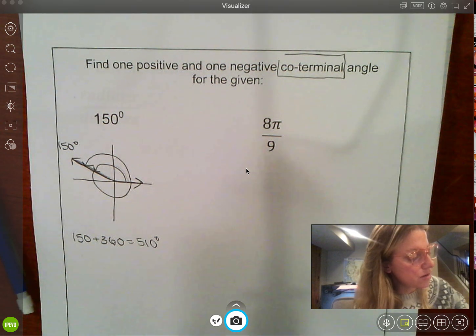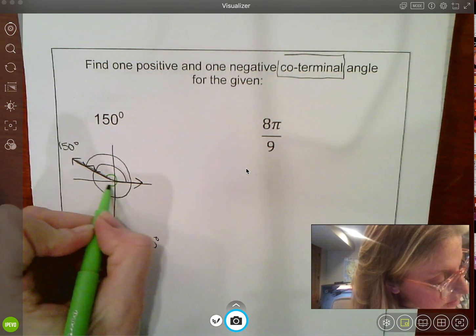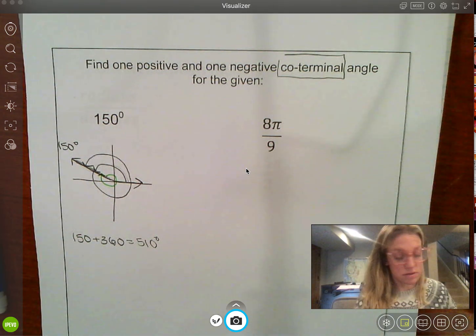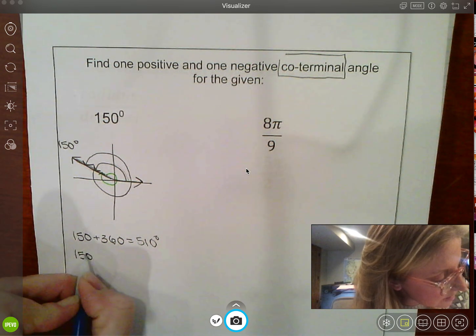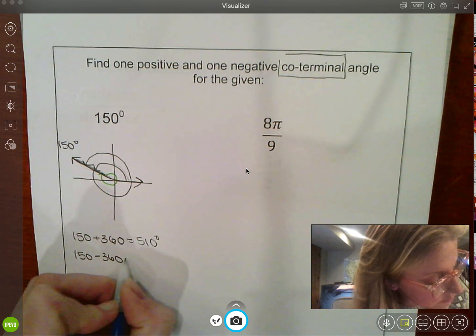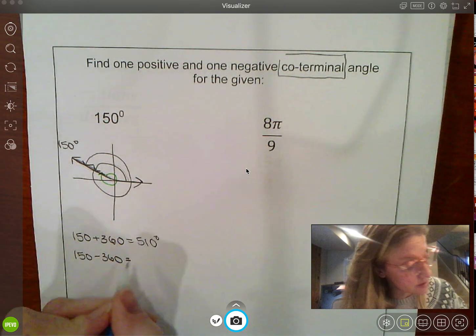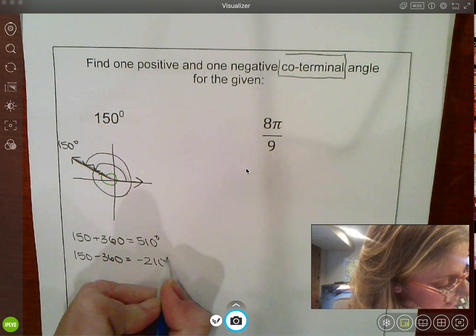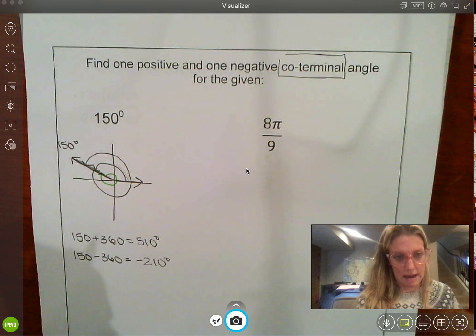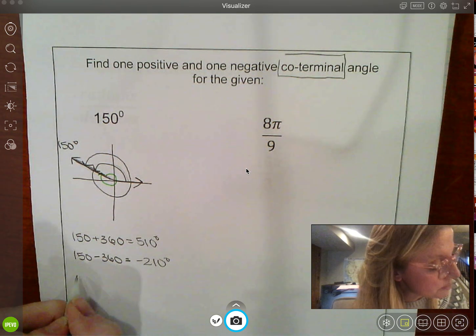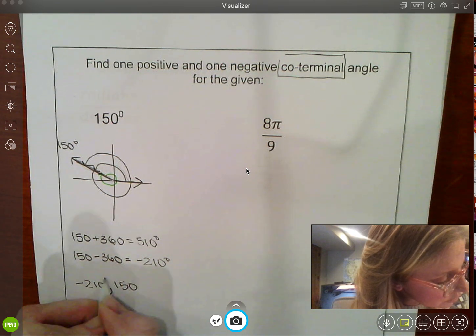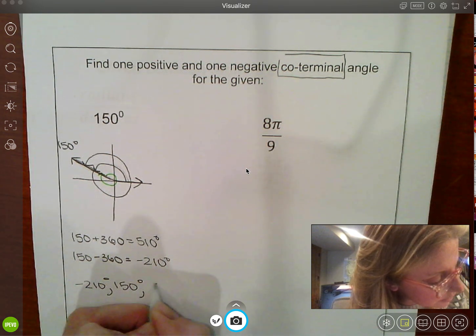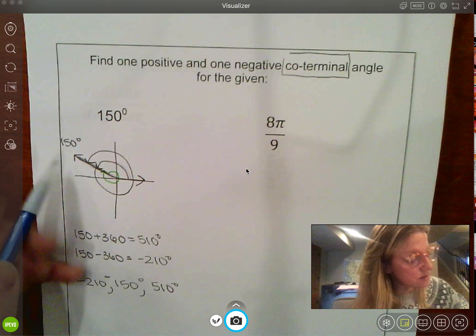A negative coterminal angle would say, let's go the other way around in that negative direction. So I'm starting at 150, and if I go negative 360 degrees, I end up at negative 210.